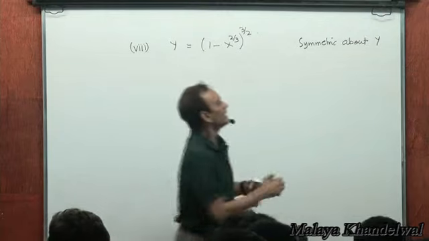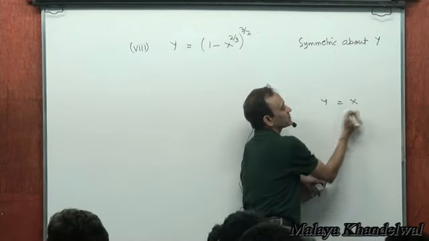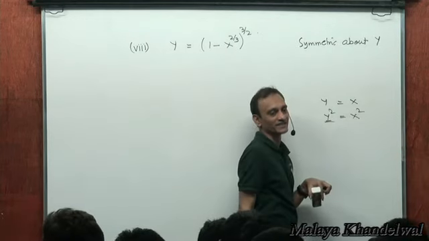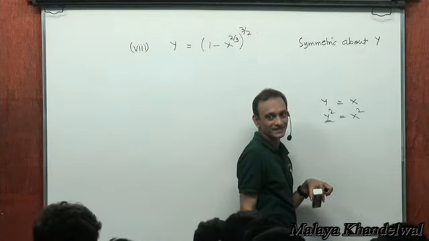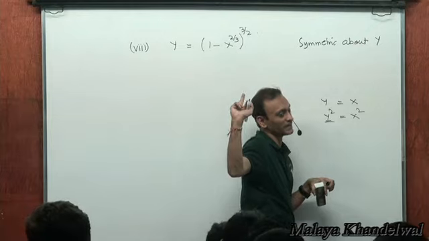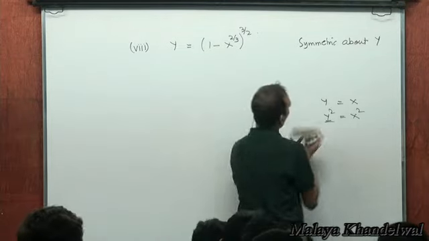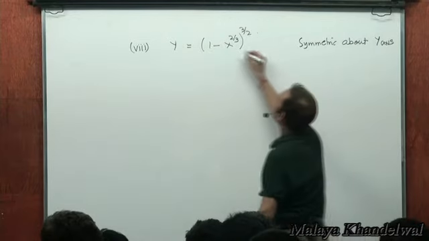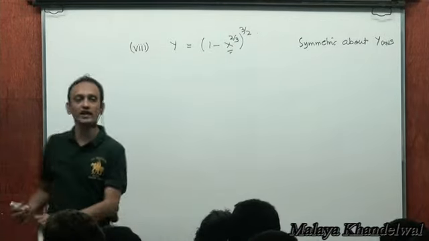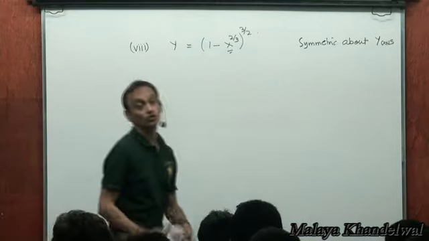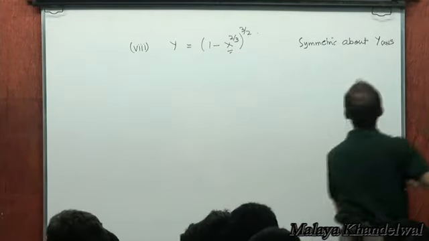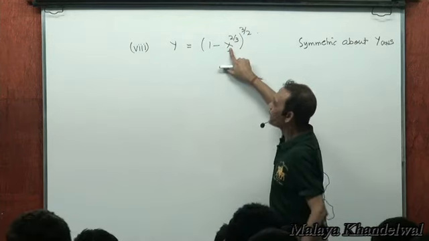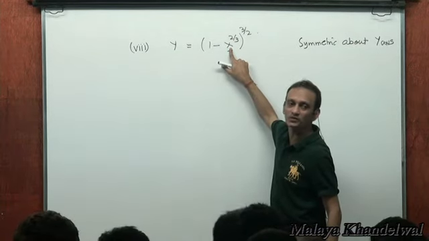When I have a line y equal to x, I can't say y squared is x squared and even powers of y, so symmetric about the x-axis. So I can't square and say that it's symmetric about the x-axis. All that I can say is it's symmetric about the y-axis. Why? Because there are even powers of x. Yes or no? Also, do you realize that x must lie between -1 and +1 only?